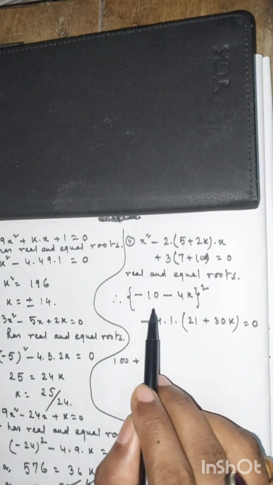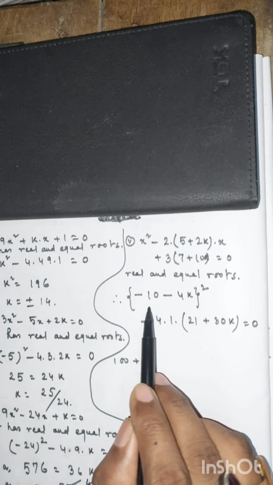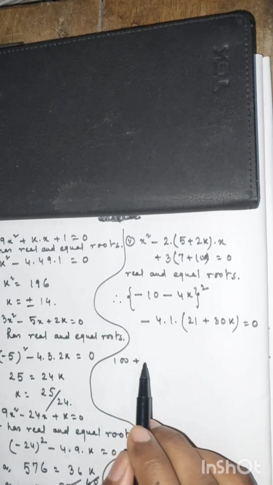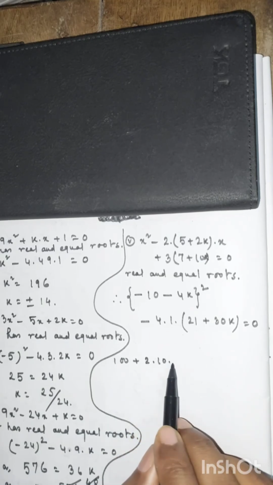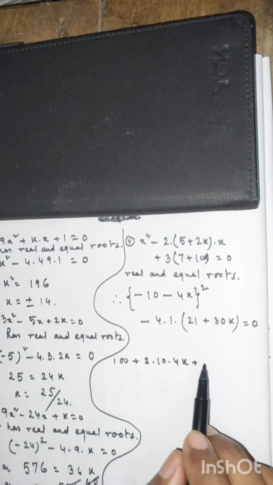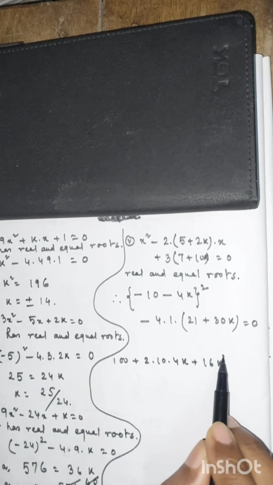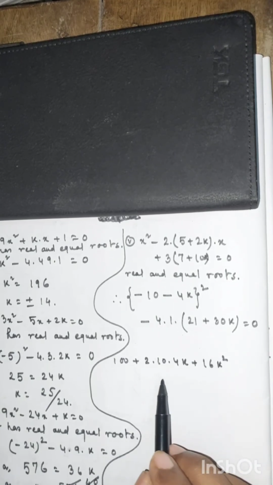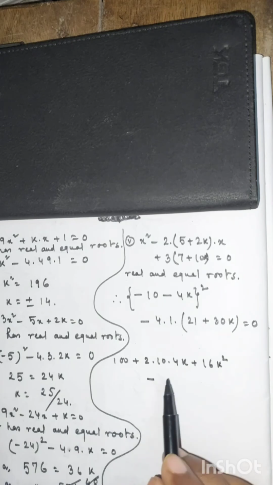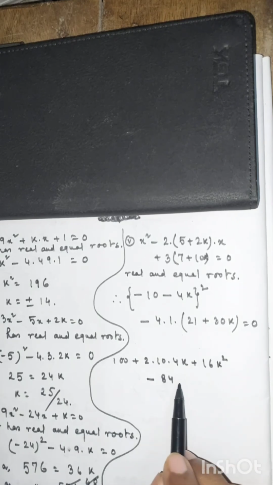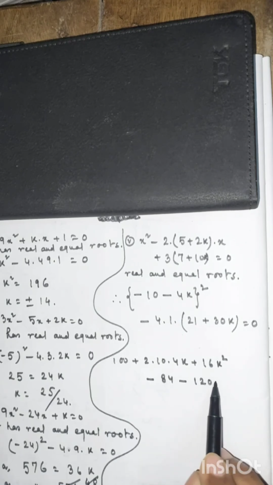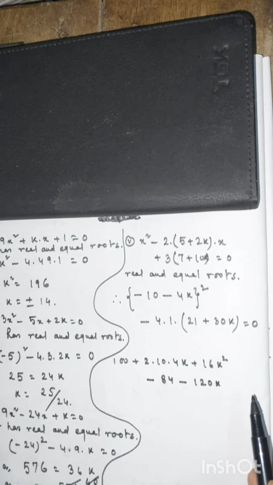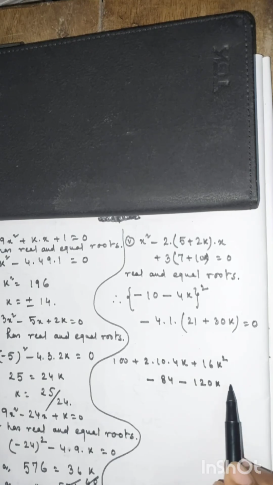That is why inside the bracket we only have 10 plus 4k. So a plus b whole square, that means 100 plus 2 into 10 into 4k plus 16k square minus, equal to 0.